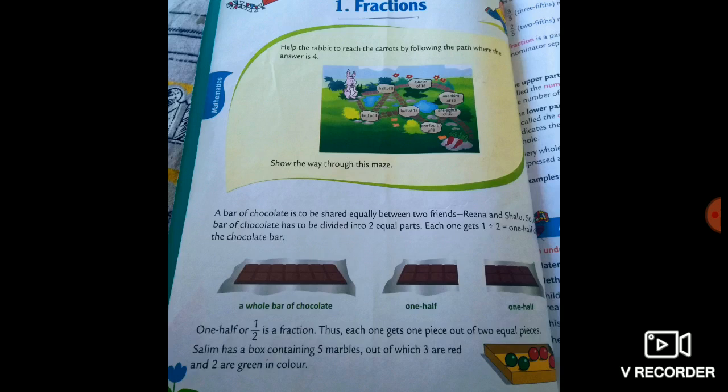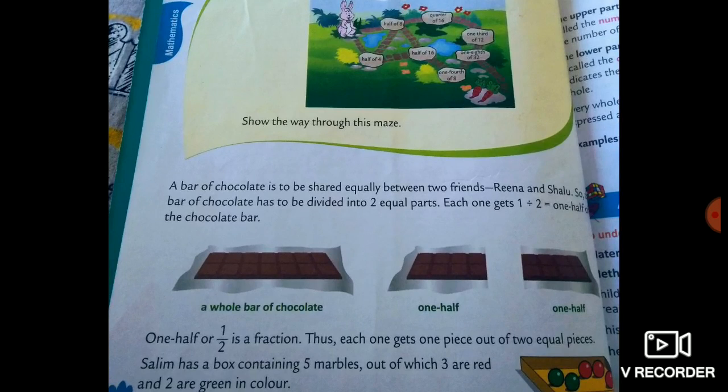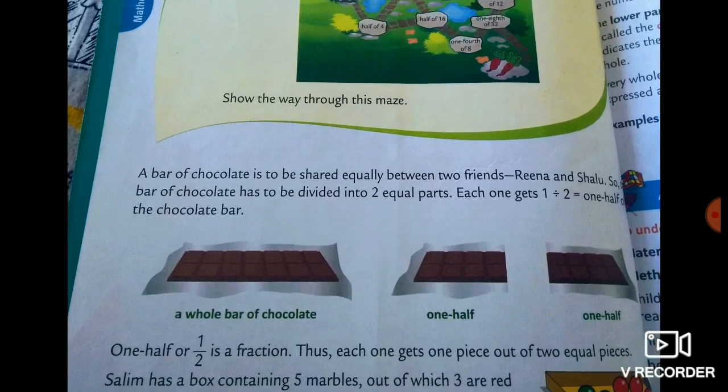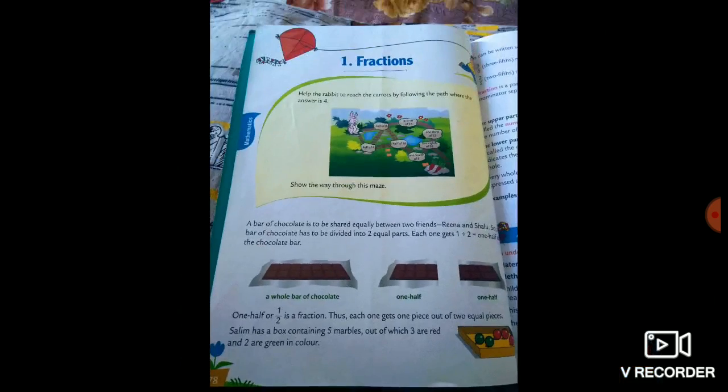So the whole chocolate bar is given here, you can see on this first page, and here we divide the chocolate into two parts of 1/2. So one 1/2 part is here, you can see, and the other is again a 1/2 part. So 1/2 is a fraction, and thus each one gets one piece out of two equal pieces.